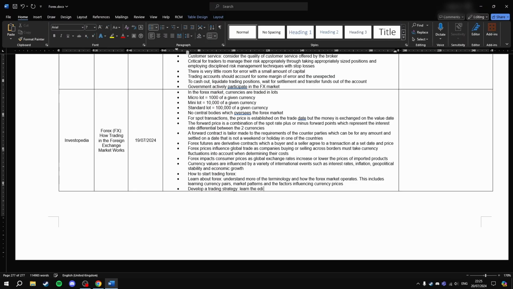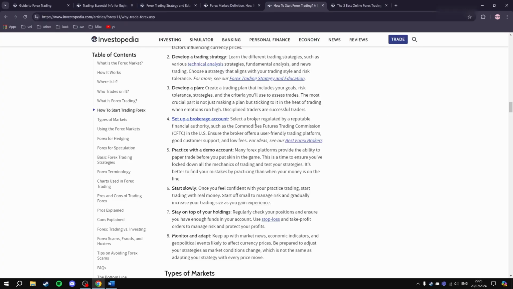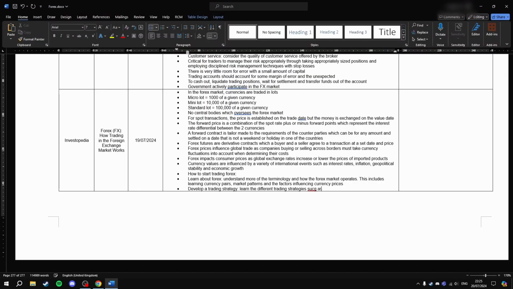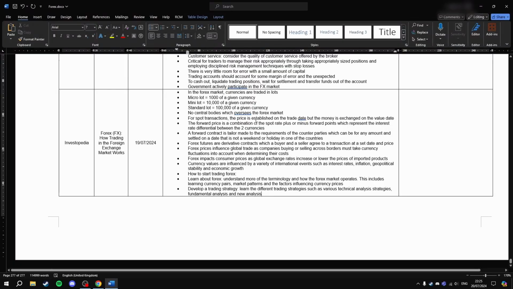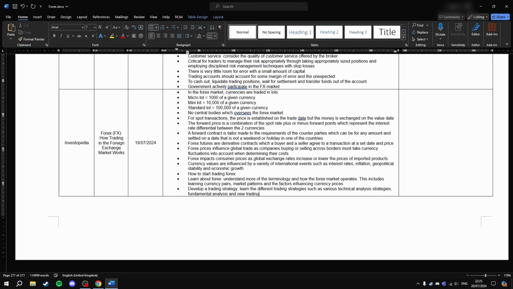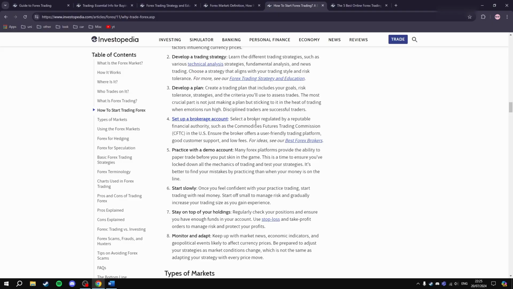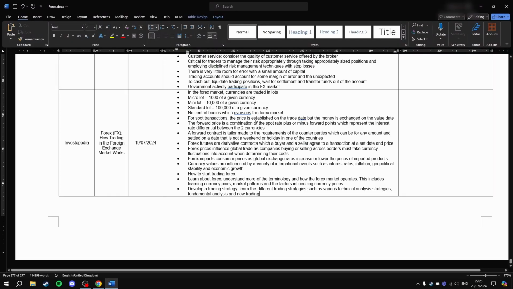Learn the different trading strategies such as various technical analysis strategies, not techniques, fundamental analysis, and news trading.